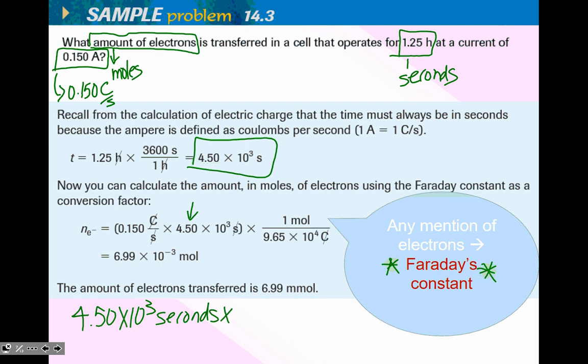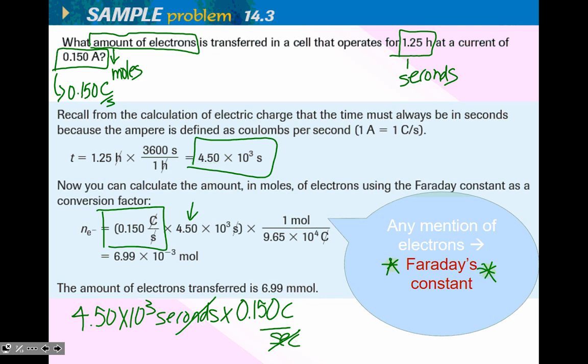Now I'm going to multiply that by my amps, right? But I'm not going to think of it as amps, I'm going to think of it as coulombs per second. So 0.150 coulombs per second. Now I can see that these cancel out in a much more efficient way.